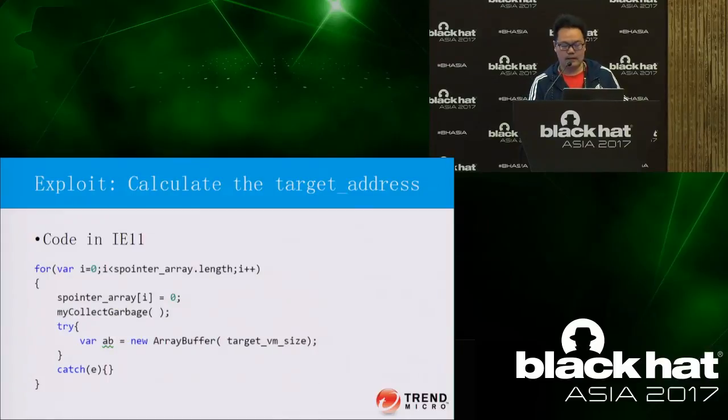This part we will calculate the target address. In this statement, we first set the support array index equal to 0. Then we do my collect garbage and do this.